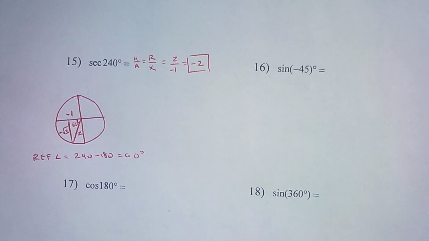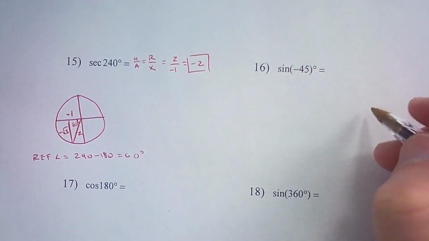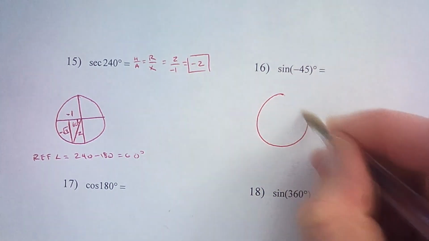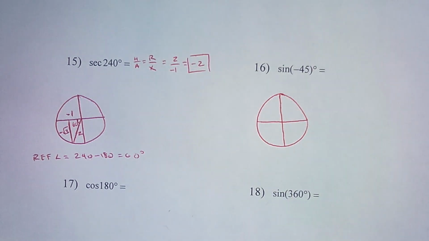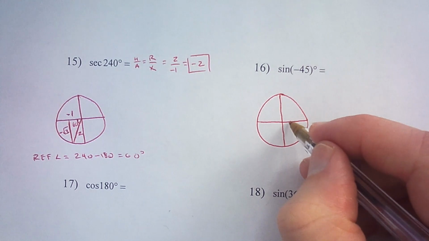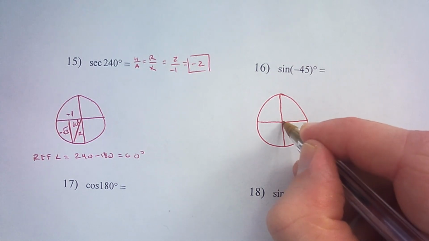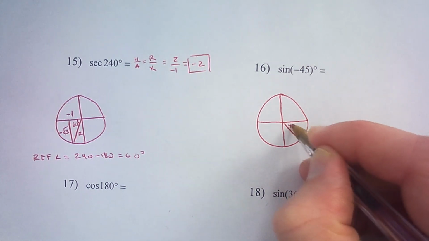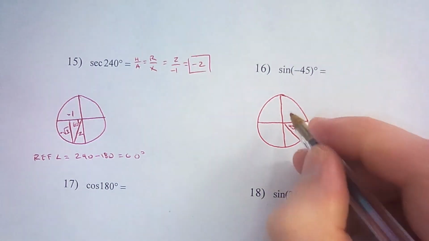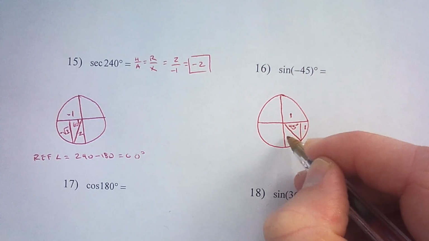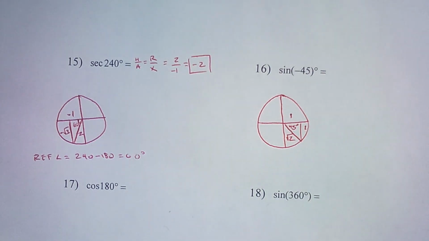Next we'll do number 16, sine of negative 45 degrees. So here is our circle with our x and y axis. Negative 45 degrees means it rotates clockwise 45 degrees to right about there. So we have a 45, 45, 90, which comes in the ratio 1, 1, square root of 2.